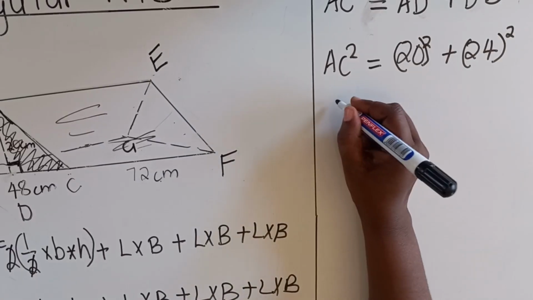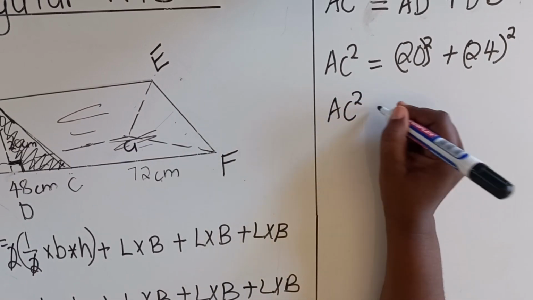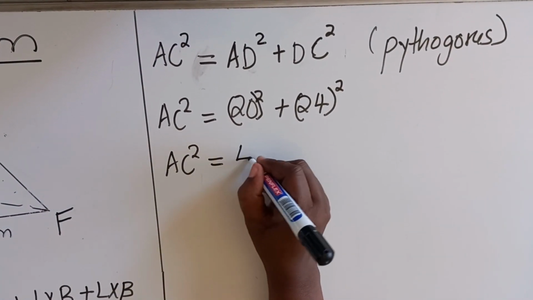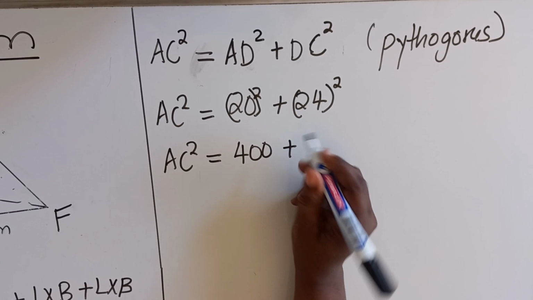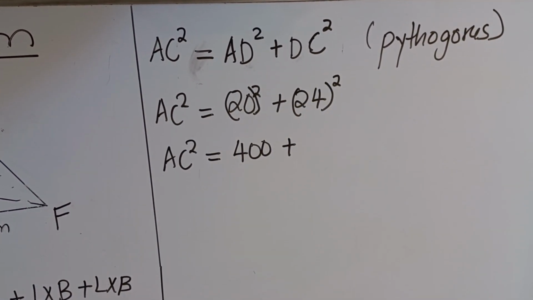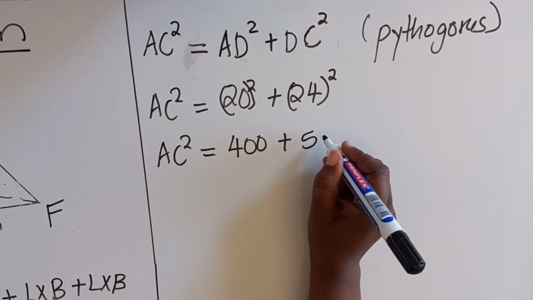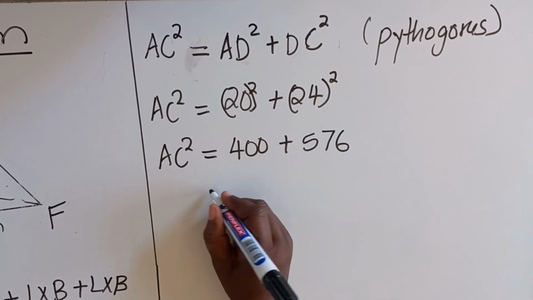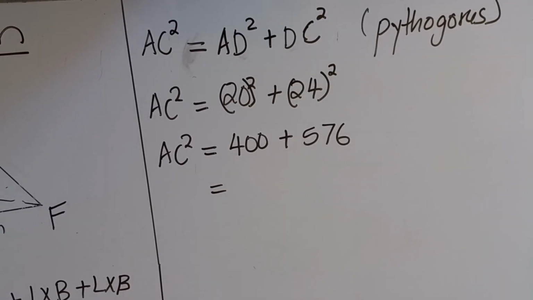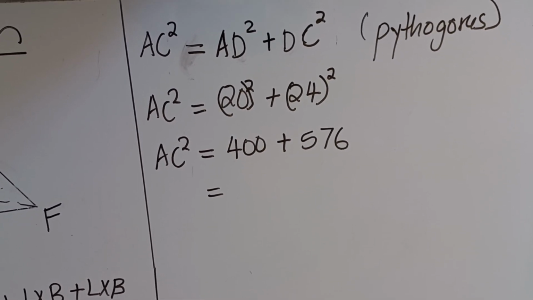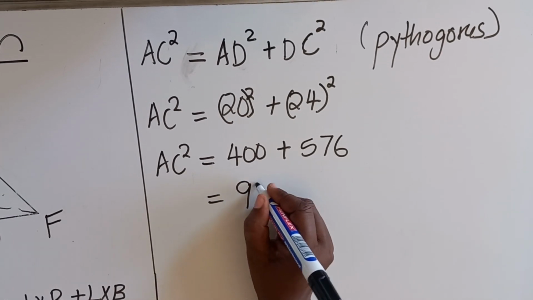So AC squared equals 20 squared, which is 20 times 20, 400, plus 24 squared, 24 times 24 is 576, and then 400 plus 576 is 976.